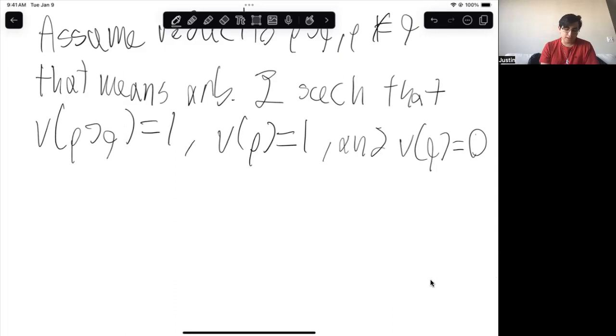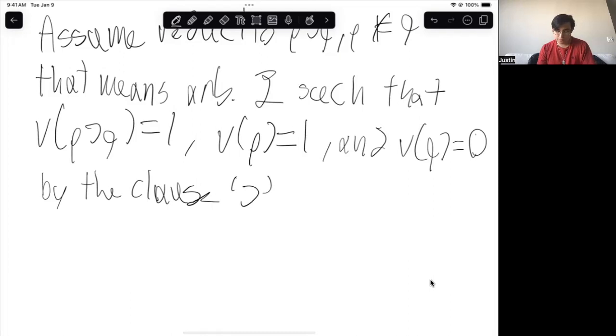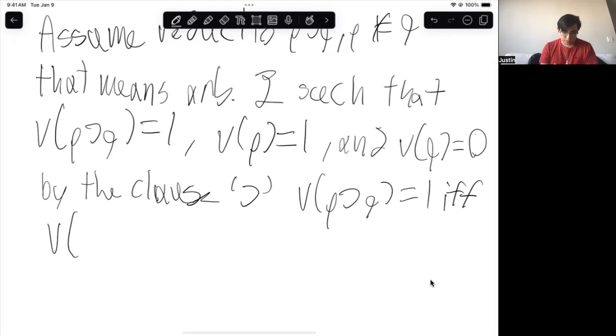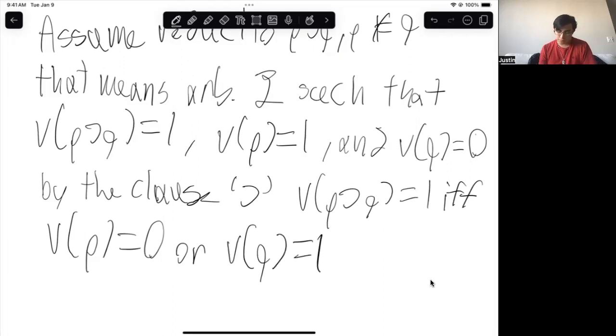And we know by the semantic clause of the conditional that this conditional is true if and only if the antecedent is false or if the consequent is true.